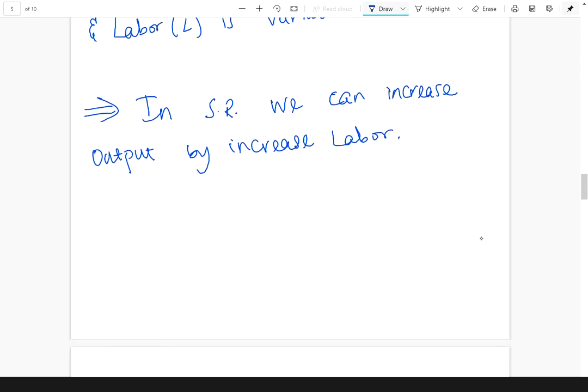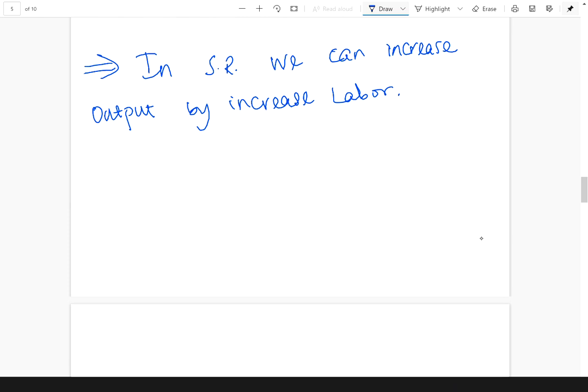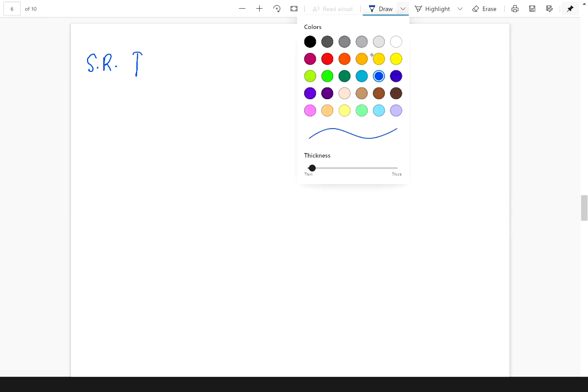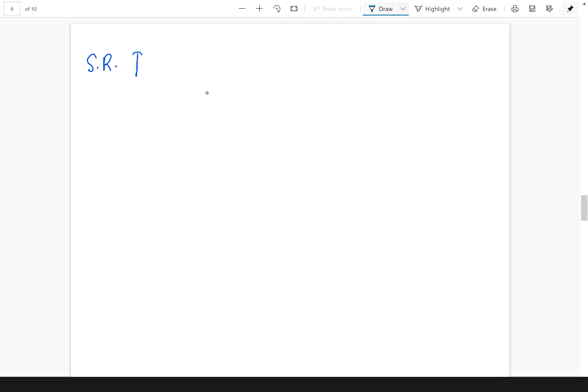Okay, so let's talk about some other things here too. Actually, I'm going to do this on a separate page. So we have our short run production function. Bear with me here.